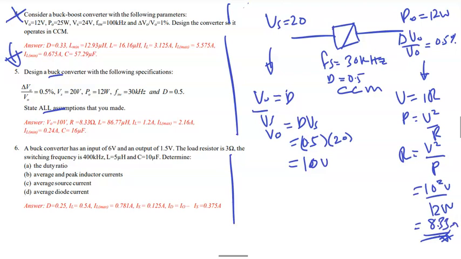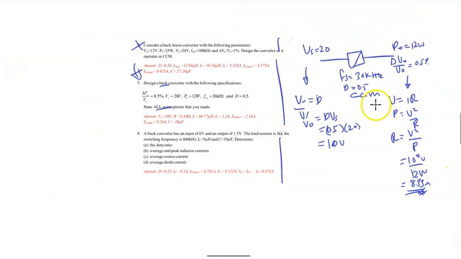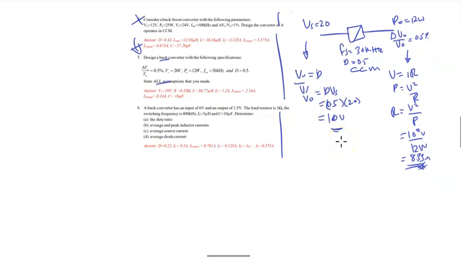So you have calculated for V out, you have calculated for R. Then we move to the next step of finding the required inductor. So L minimum such that it still operates in CCM.